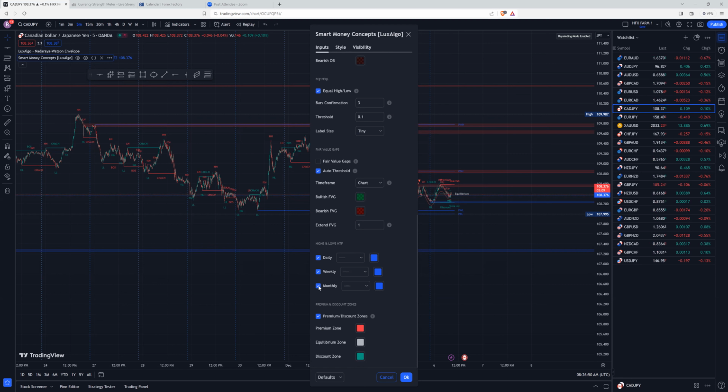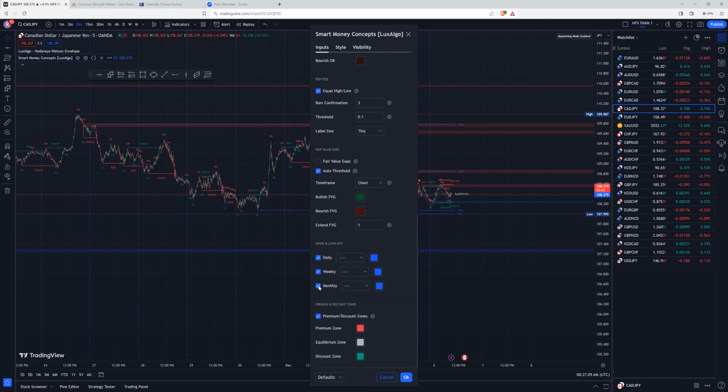So just in case you see a previous weekly high and low or daily high and low or monthly high and low on an order block, that will tell you that that particular order block will be a bit stronger to give you that short-term reversal.